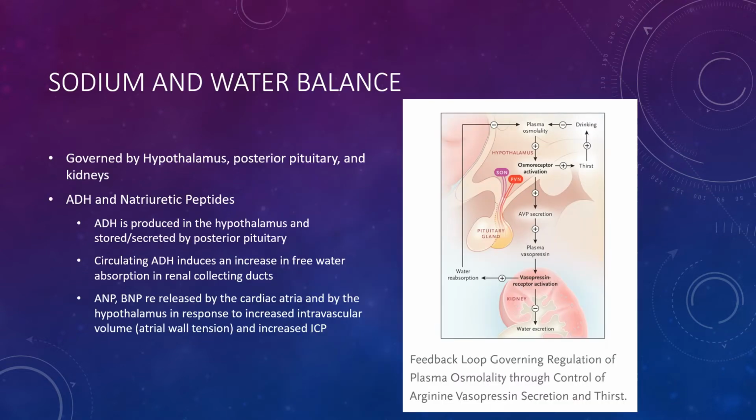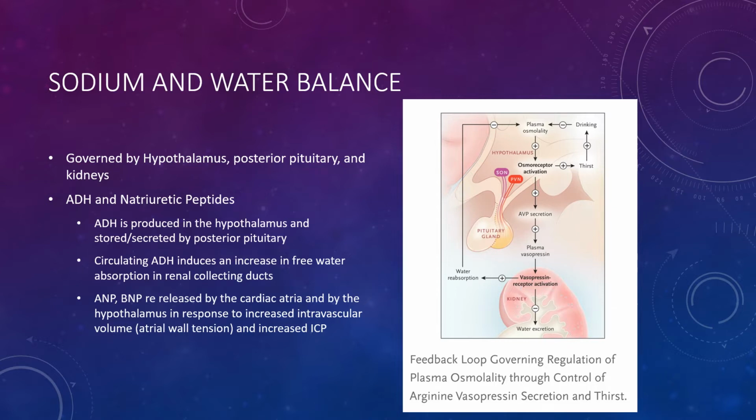So the extracellular fluid volume reflects total body sodium, and under healthy physiologic conditions, the plasma sodium concentration reflects the total body water. The sodium and water balance is overall governed by the hypothalamus, the posterior pituitary, and the kidneys.